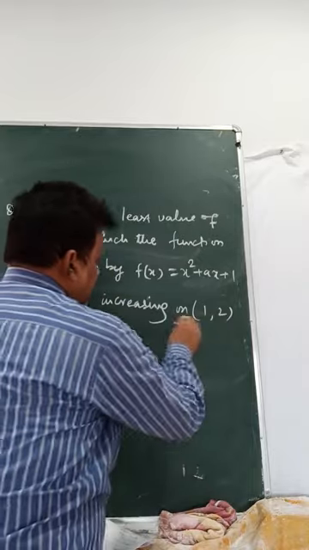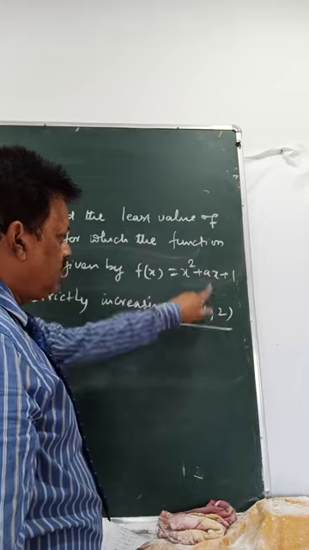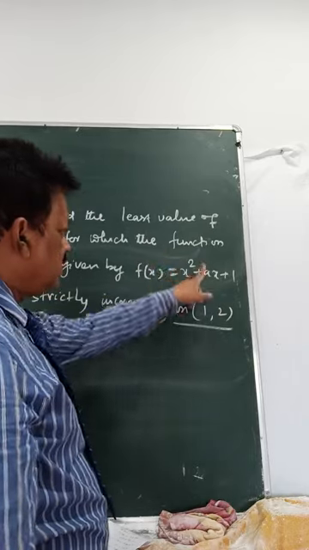So what is the meaning? x lies between 1 and 2. Find the value of a for which this is increasing.